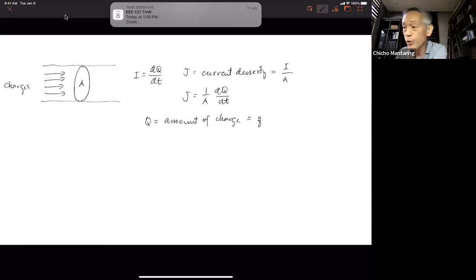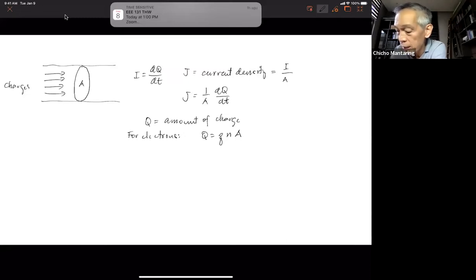Let's say for electrons, Q is equal to the value of the charge, small letter q, multiplied by your electron concentration, multiplied by your cross-sectional area, multiplied by the length.